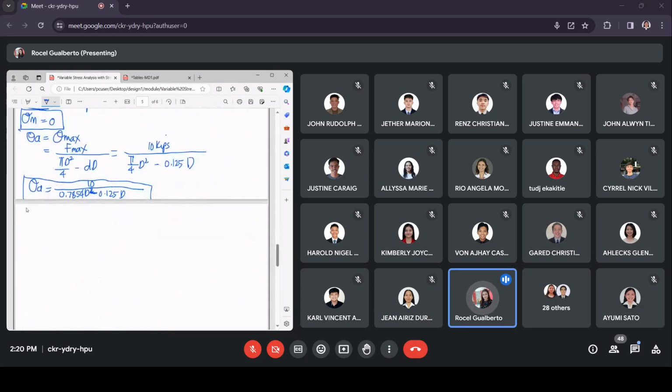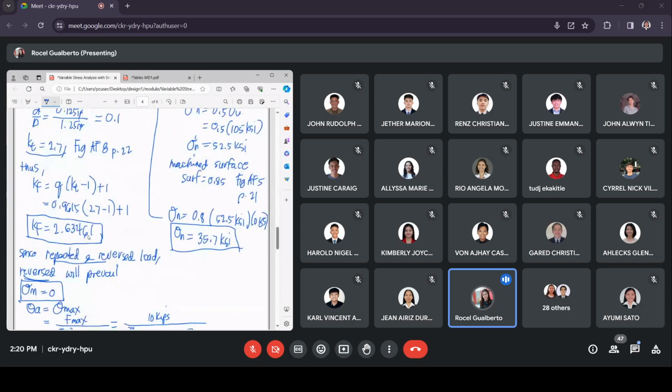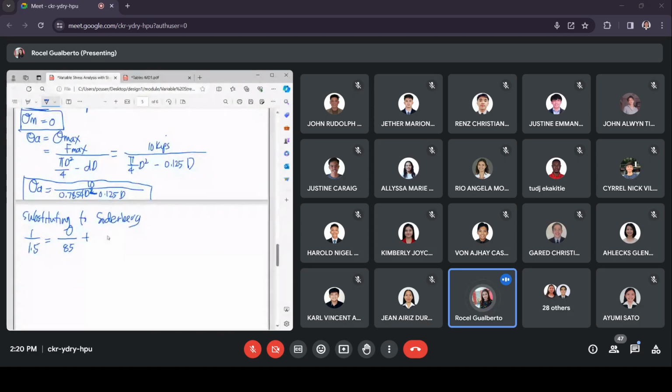So you now substitute. 1 over factor of safety, that is 1.5, equals sigma m is 0 and sigma y is 85, plus you need Kf, 2.63461, multiplied by sigma a.